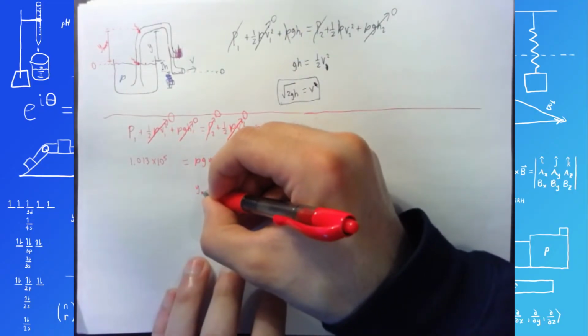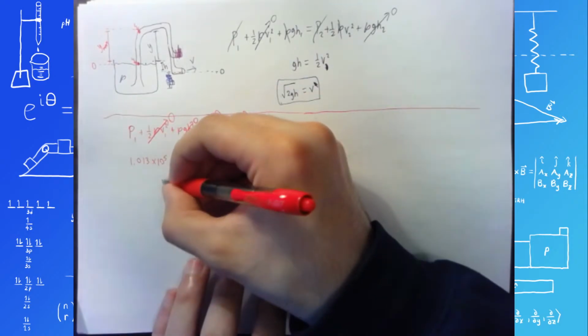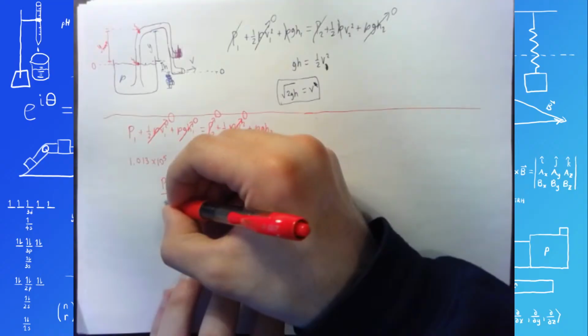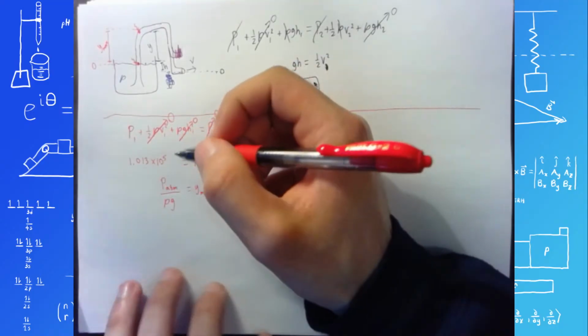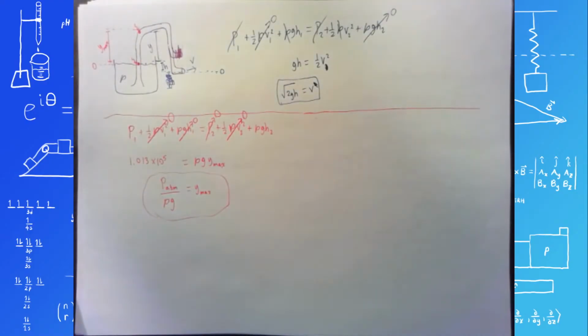Y max equals, I'll just call it P atmosphere over rho G, and you can plug in those numbers if you want to actually know what the value of Y max is, but I think the algebraic steps and the reasoning are the more important parts of this problem.